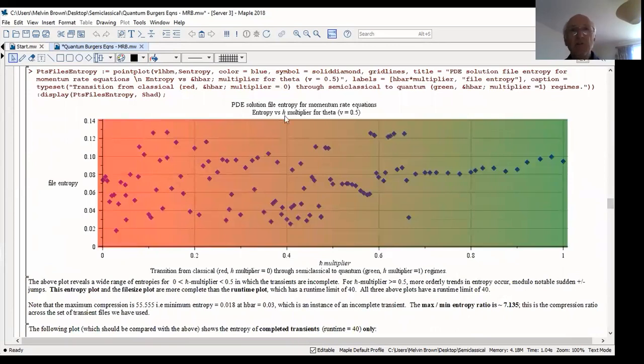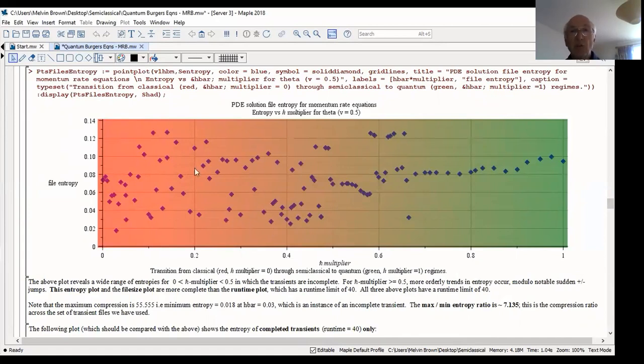This is for the case of the multiplier theta v equals 0.5, the lowest possible we can run with theta v to get solutions. You are seeing here all those results that were along the bottom. We actually measure what their entropies were, and you see it's a fairly chaotic range of entropies in that region.